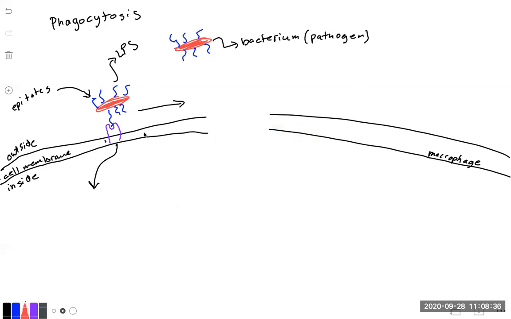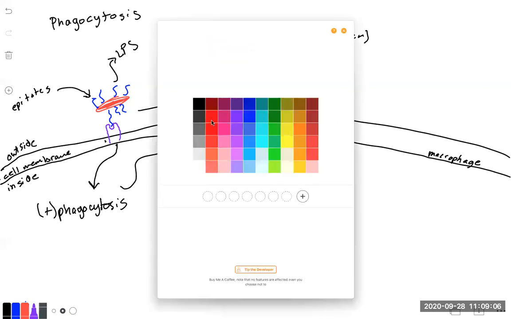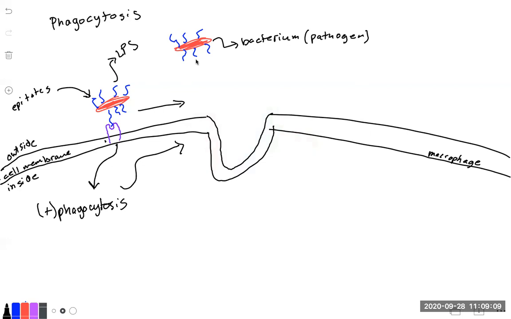But what happens is this downstream effect is going to promote phagocytosis, which is what we're looking at right here, and a large, really, really large invagination, or pit, will be formed, and that will in turn bring in our bacterium or our pathogen. It could also be a virus. And now it is sitting nice and snug in our pit.